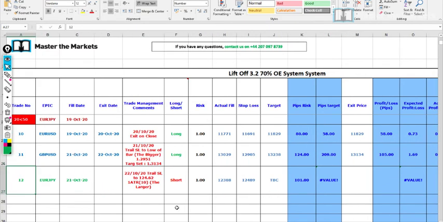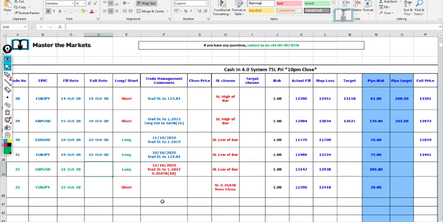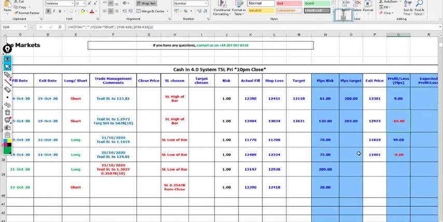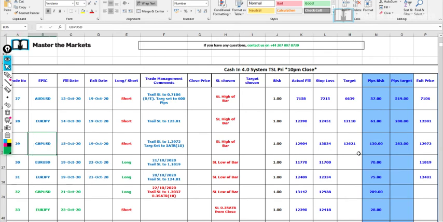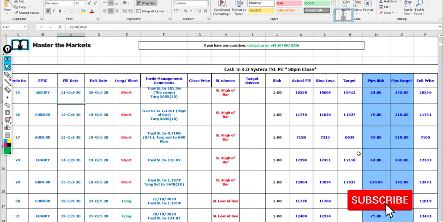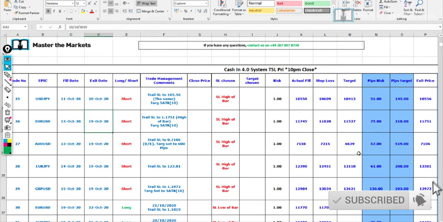CI 4.0 on the other hand, TSL primary, you can see over here, let's take a look at this. Okay, this one here we can see that once closed out for this week, quite a bit has been closed out, right?